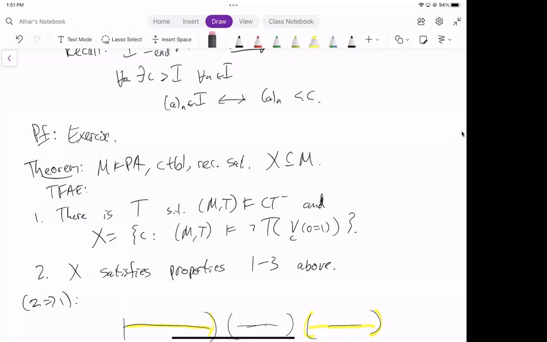If you start with a model that's not arithmetically saturated, you could pick another X and something will happen. Interestingly enough, there will be a cut that satisfies that property, but it has to be non-standard.